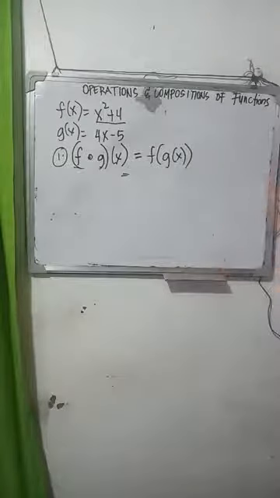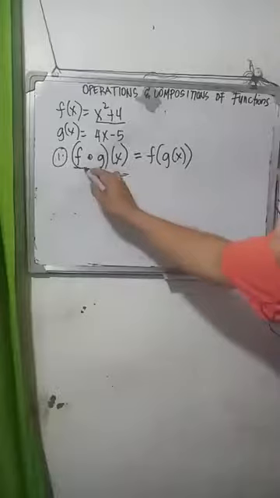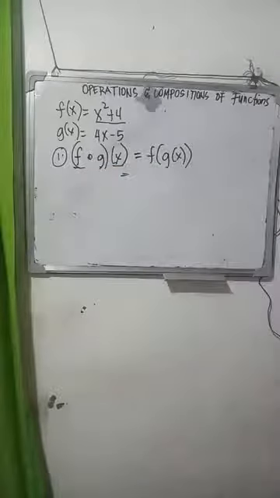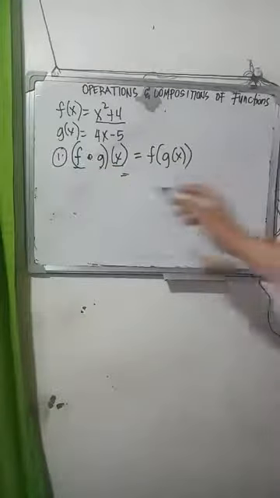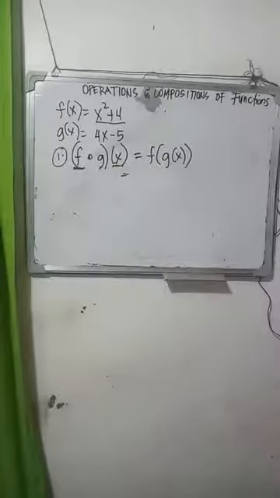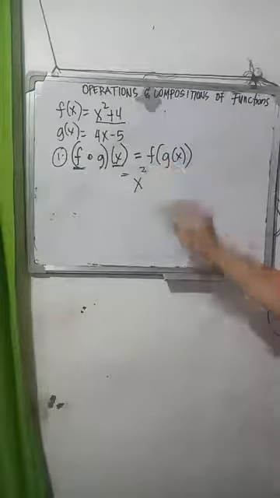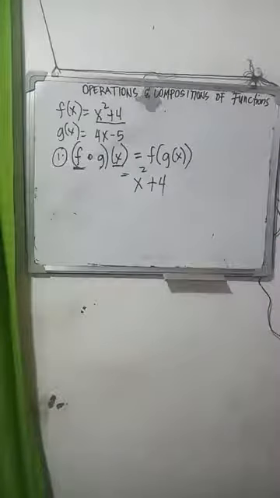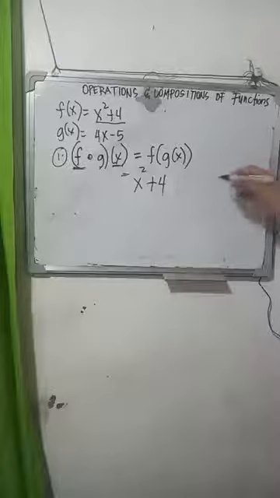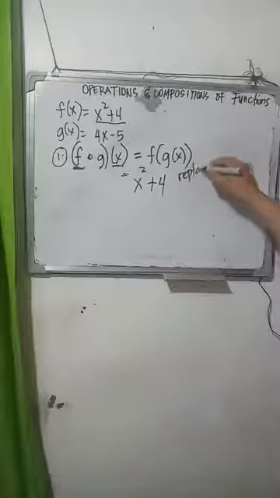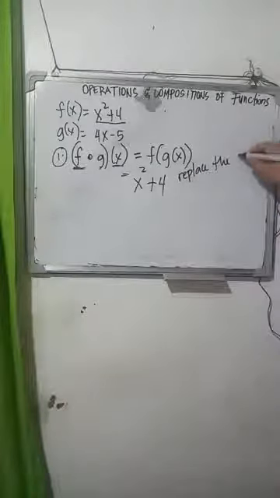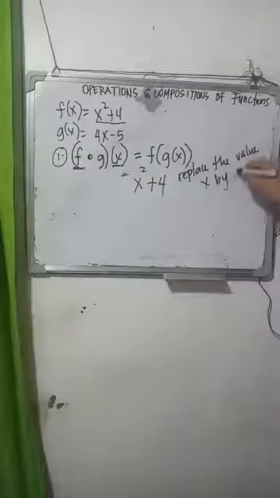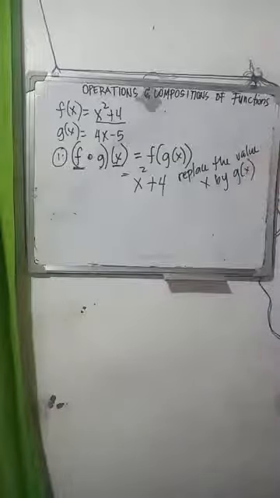So meaning, let's first copy the value of f of x. What is the value of f of x? That is x squared plus 4. Next, substitute or replace the value of x by the value of g of x.